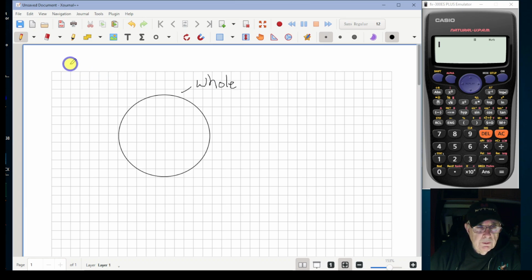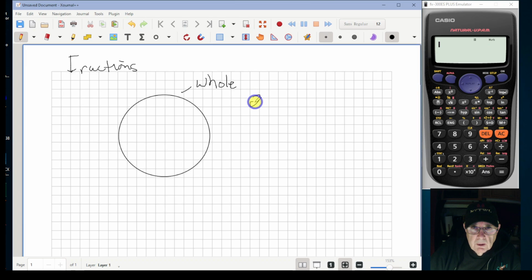Now our topic here is fractions. And fractions are generally a numerical representation of something less than the whole of something. So we're talking about something less than 1. All right. So let's take a look.